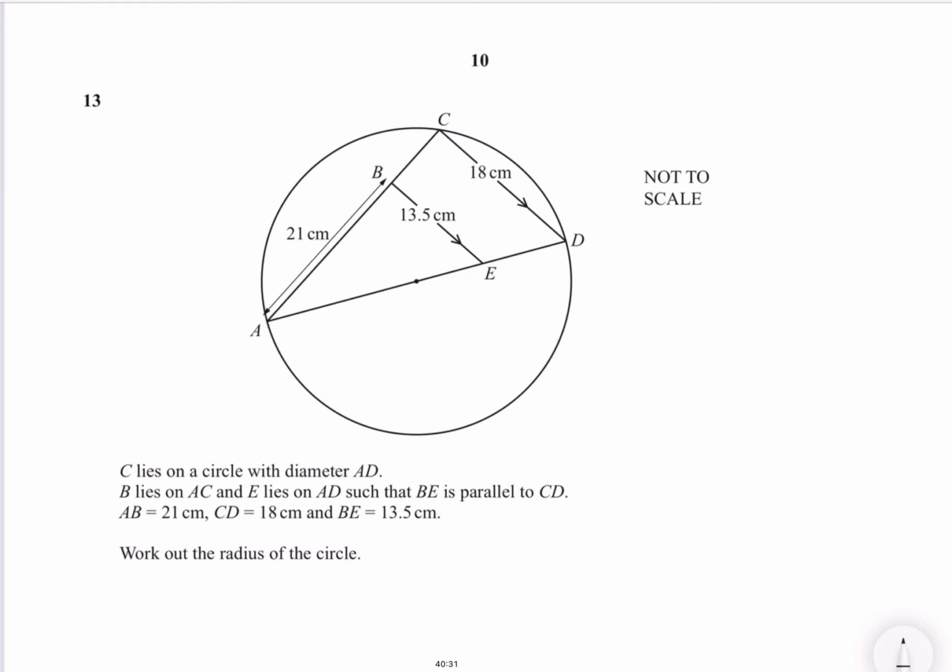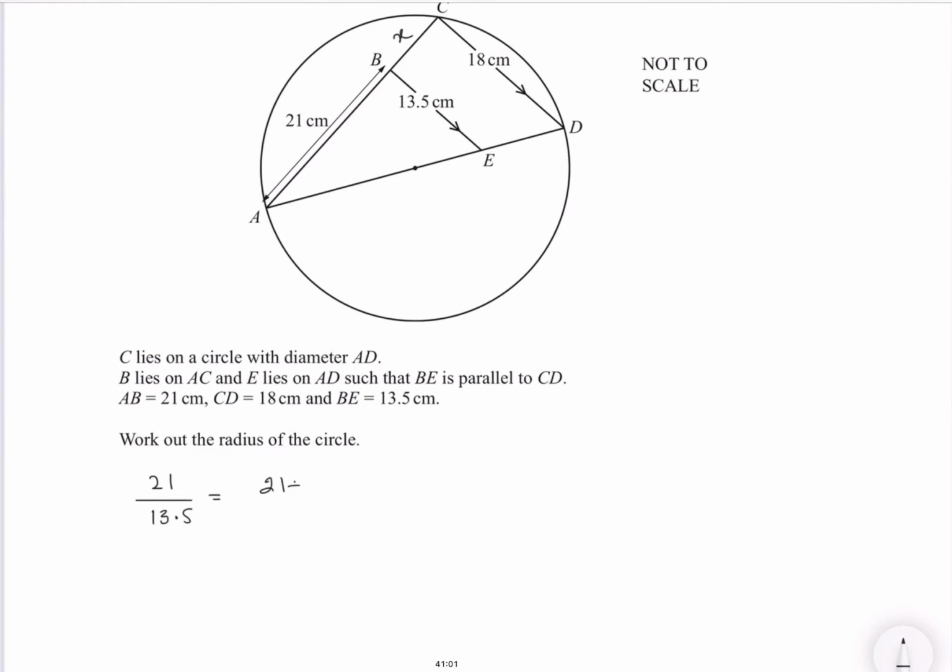This triangle, we can use similarity properties here. At angle C, this is a 90-degree angle, because in a semicircle, if we make a triangle, the angle at the circumference would always be 90 degrees.